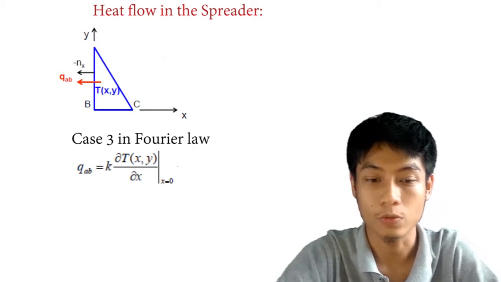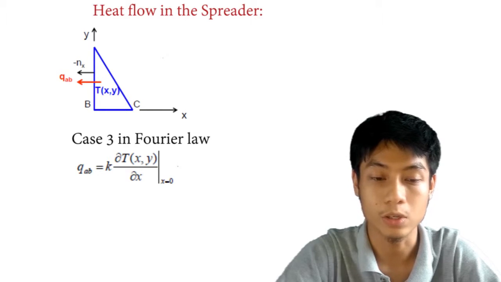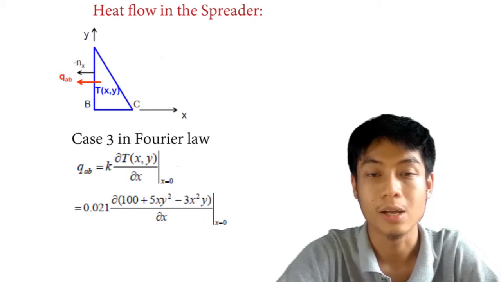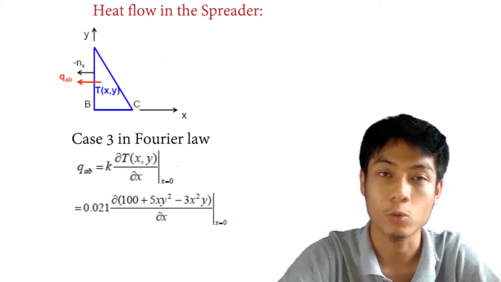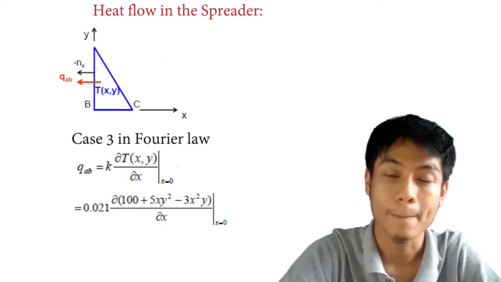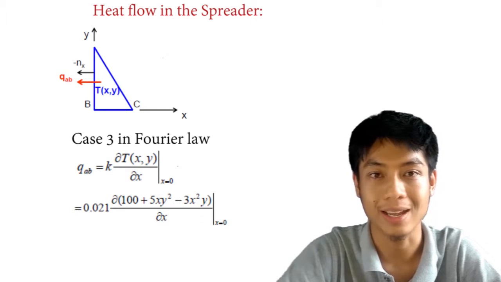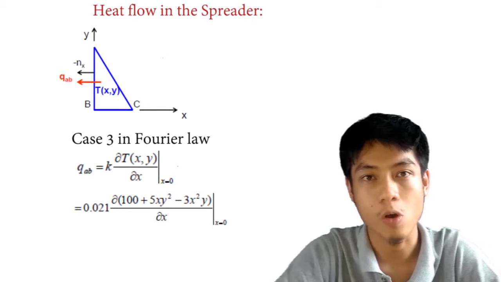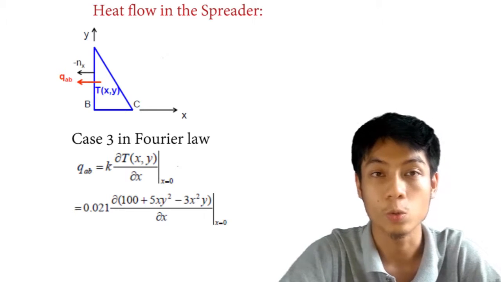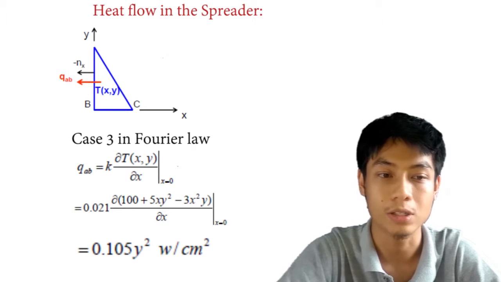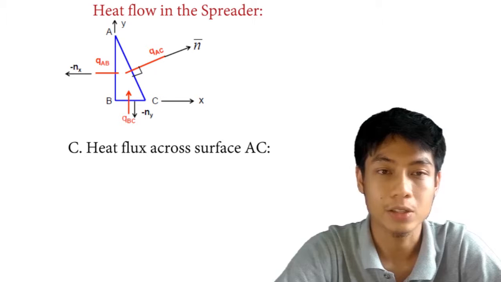When we substitute the values of K and T, we will get 0.021 delta bracket 100 plus 5xy squared minus 3x squared y, close the bracket, over delta x. When we substitute x is equal to 0, we will get 0.105, the answer for heat flux across surface AB.